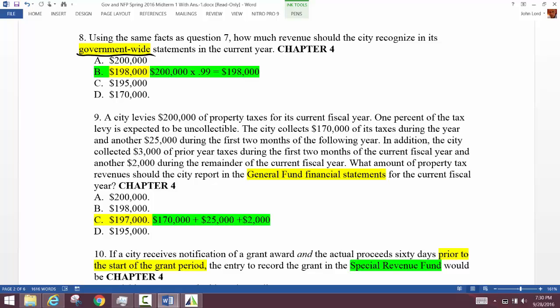And this is leveraging off of that chapter 4 exercise where we had the amounts that were going into March. Remember, amounts collected in the first 2 months became revenue of the prior year.